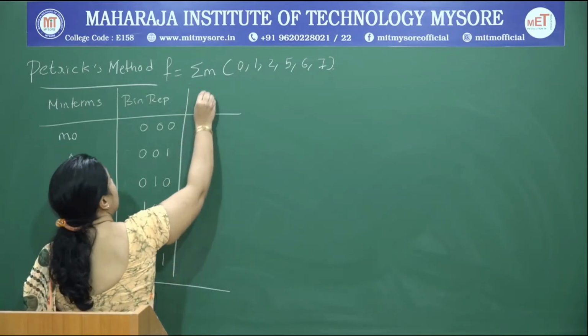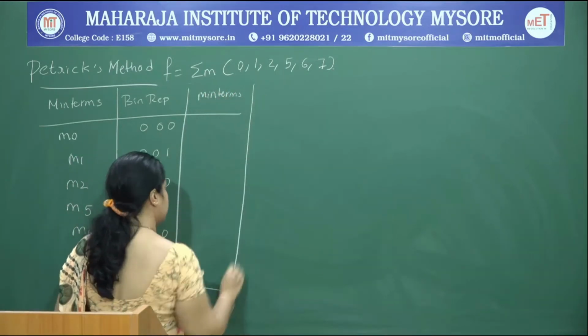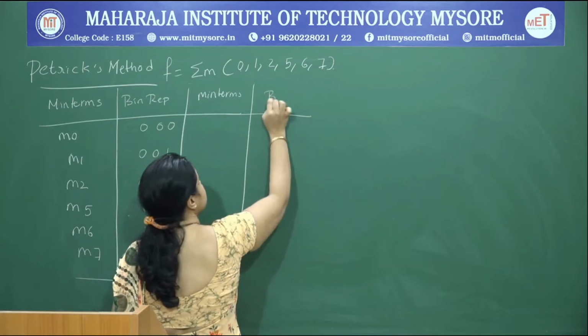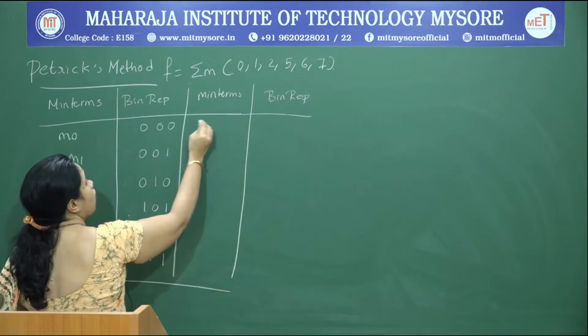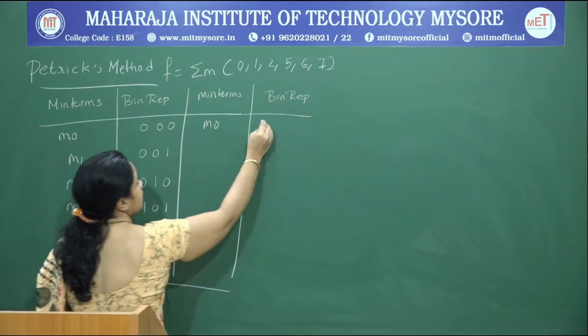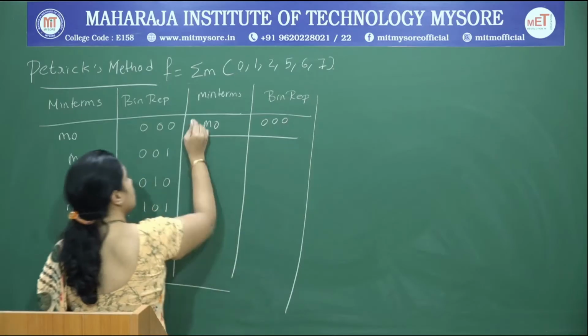Accordingly, we have a sorted array wherein minterms and their binary representation are listed. Group G0 comprises minterms with 0 number of ones, which is M0.